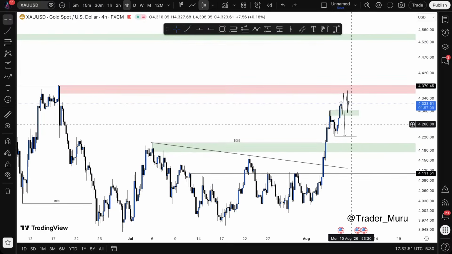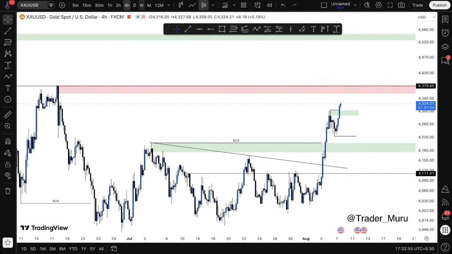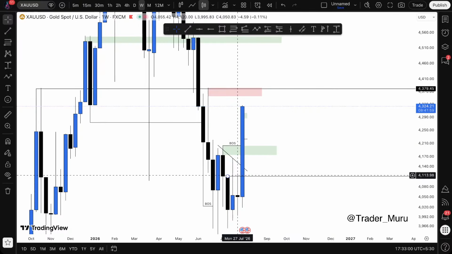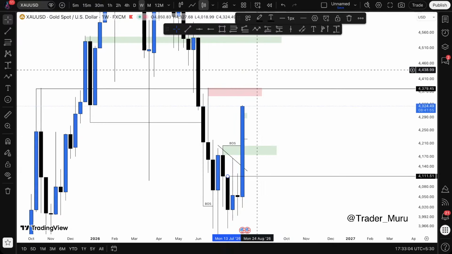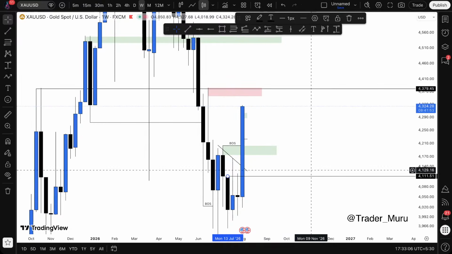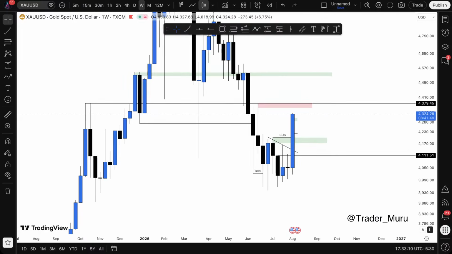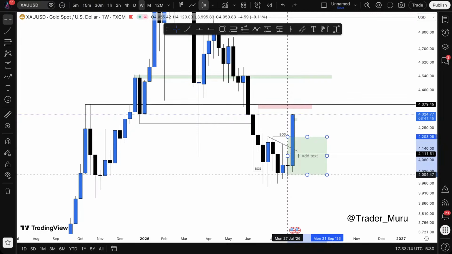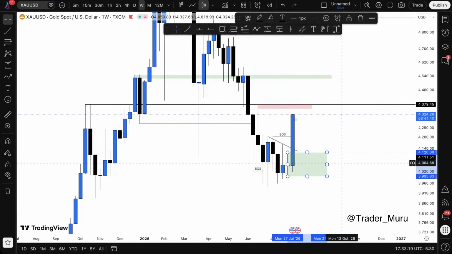That's why I'm telling you that we should be very careful and have to look for a weekly time frame candle closing here. If we close this weekly candle above 4111, price will be bullish. It will retrace a bit and then pump again. And the retracement area will be near these zones.